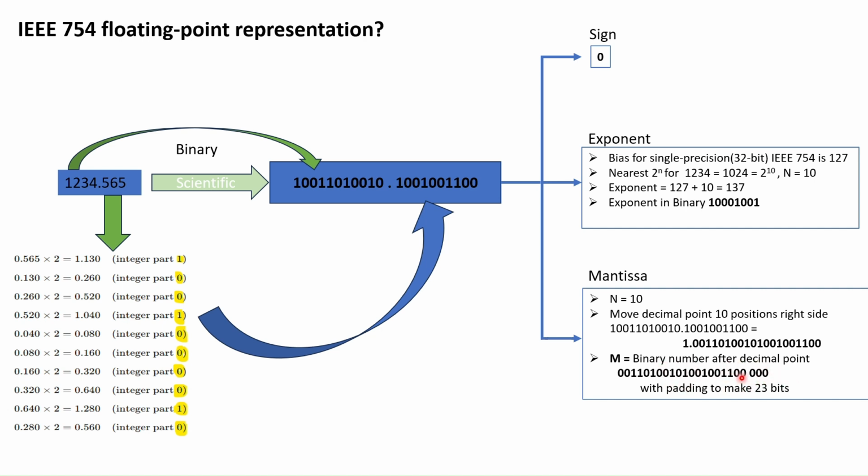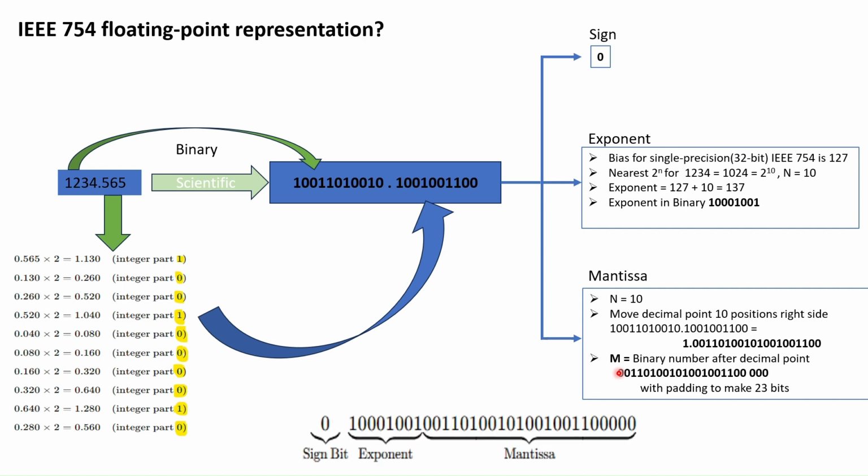Here only 20 bits came, so I need to add 3 more bits of padding. I will add 3 zeros so that it is a 23-bit mantissa. So in memory, in the RAM, this is the value stored for 1234.565.